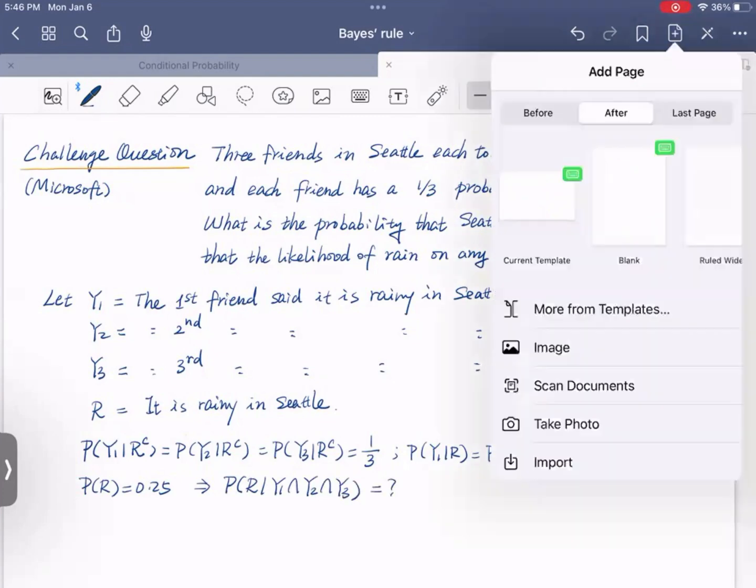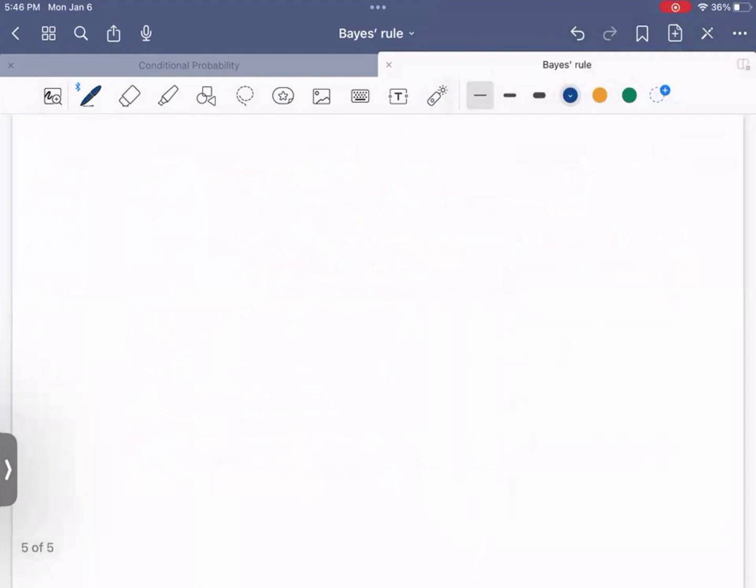So let me add a page. P of R given Y1 intersect Y2 intersect Y3. For now, let's treat this as one single event for convenience, and then we can separate them a little later.